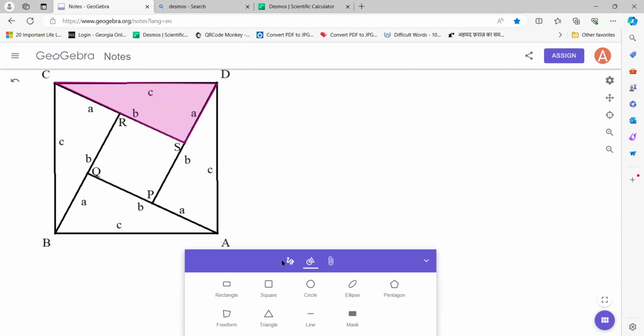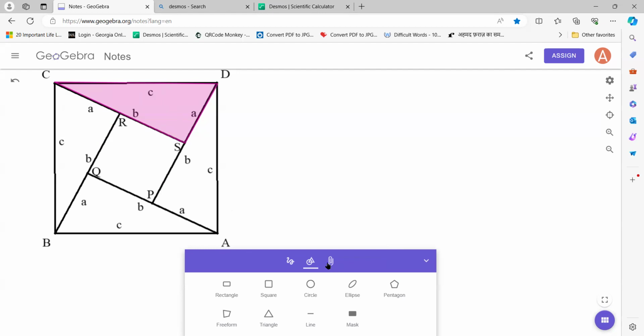Almost done. Now, I can establish that the sum of the areas of these four right triangles and this little square must equal the area of the square ABCD. Based on my picture, the area of the big square ABCD must equal the sum of the areas of the four right triangles and the little square.